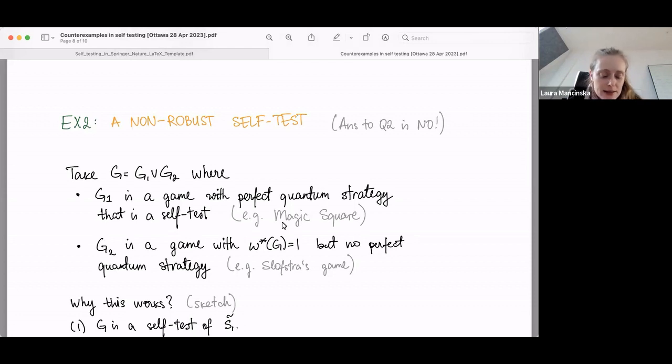And somehow the quantum set is not so well behaved, so the supremum is not always attained. And that's a type of game that I need that exhibits this non-attainment. So if I take the supremum, then I get 1 perfect success, but actually I cannot hit exactly this perfect success probability with any quantum strategy.